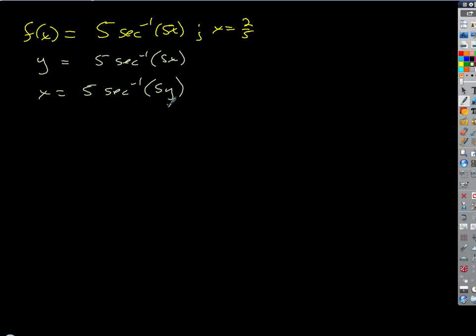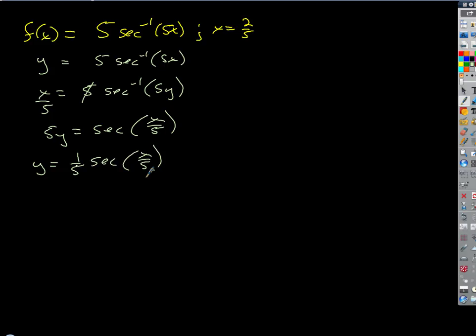What do I do to solve for y? Divide by 5. And then how do I undo an arc secant? Secant. So I get 5y equals secant of x over 5, divide by 5, and I would get y equals 1/5 secant of x over 5. So that's going to be what we might call g of x.